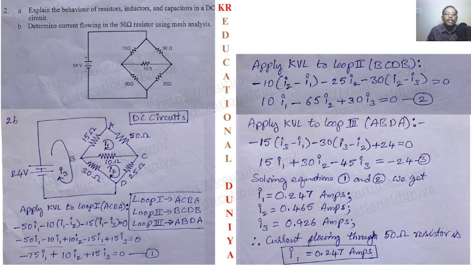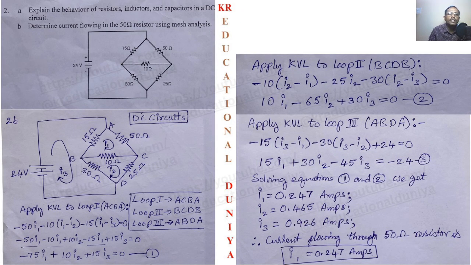Otherwise they won't consider it. So in mesh analysis, if you observe carefully, there are 3 internal loops. I am naming the currents I1, I2 and I3 in clockwise direction. There are many methods, and this comes under the DC circuits unit.